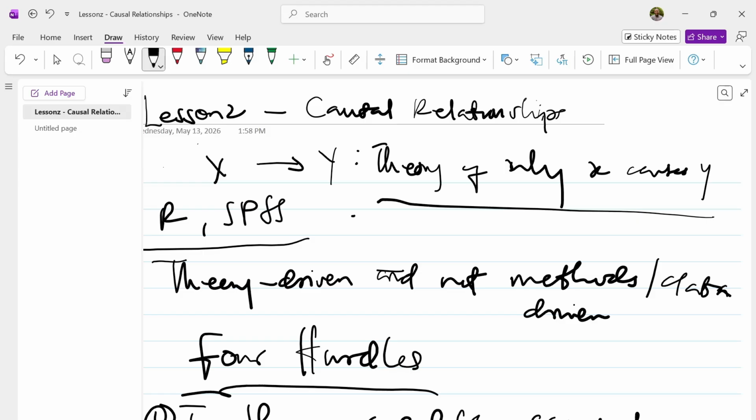Because remember, the main reason for statistics is to either describe the world or to predict phenomena, and we cannot predict properly if we don't really understand how our phenomena come about. Okay, so it's very important to have some theoretical grounding in your causal relationship.